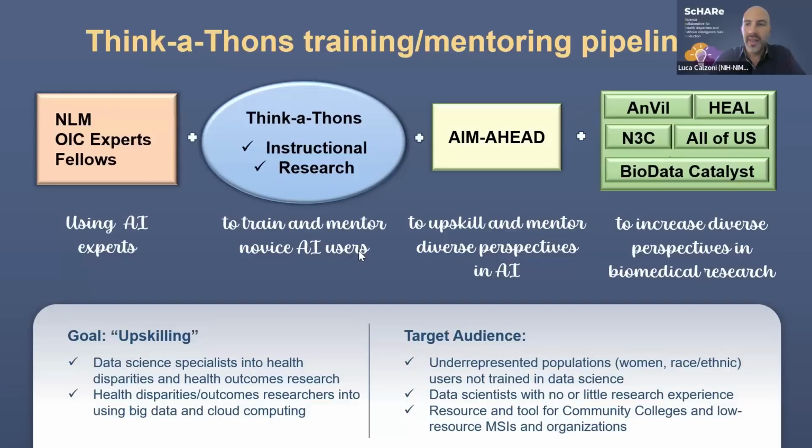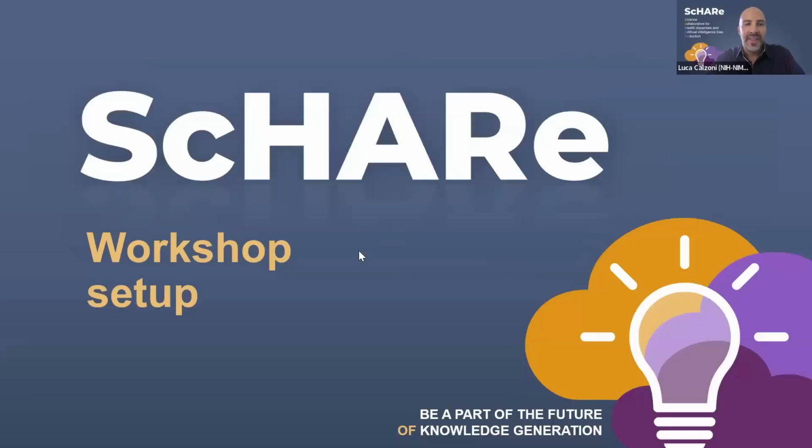And as I said before, when you learn how to use Terra on ScHARe, you'll be able to reuse those skills also on other platforms, such as All of Us or BioData Catalyst, for example. So we are trying to develop really this training and mentoring pipeline.